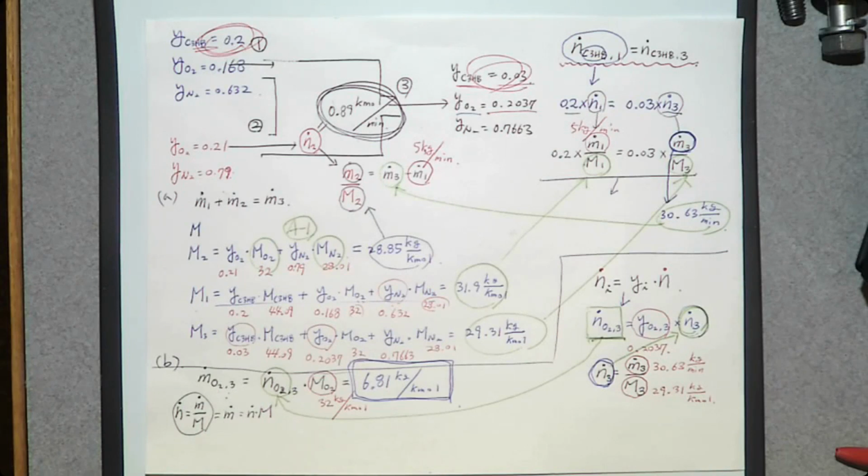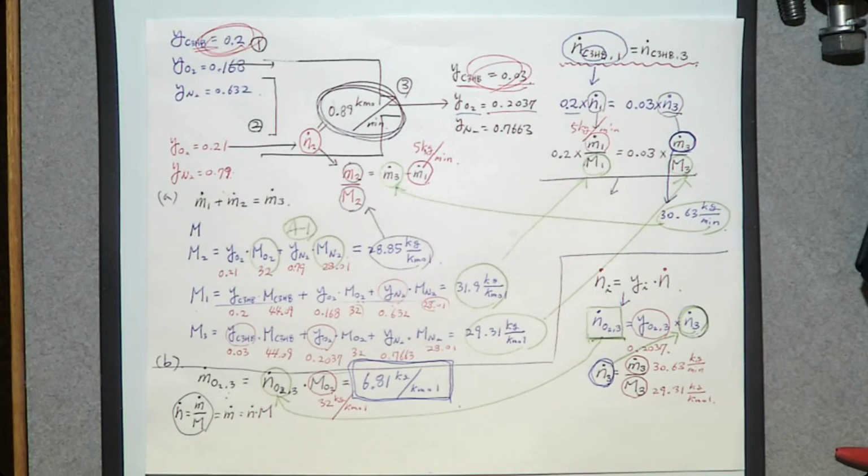You just need to get used to using this equation: n is m over molecular weight. So this problem is developed for you to apply n is m over M in multiple locations.